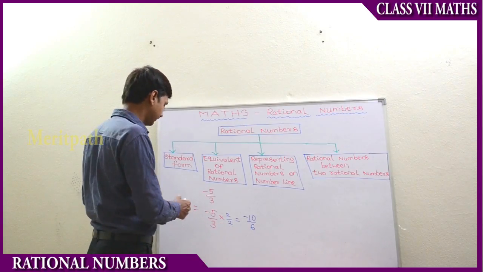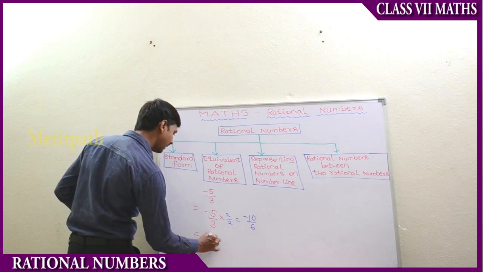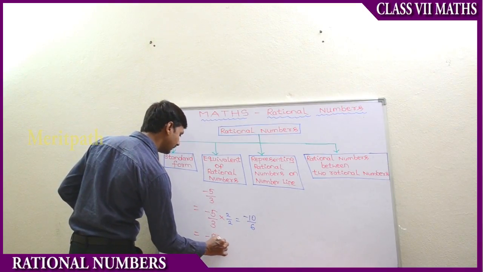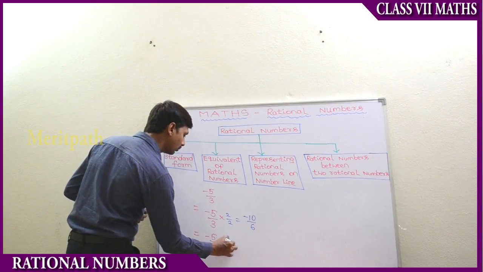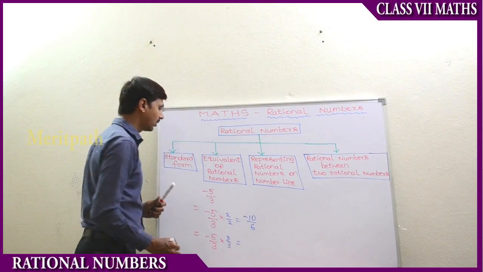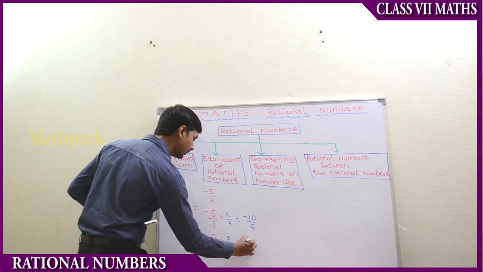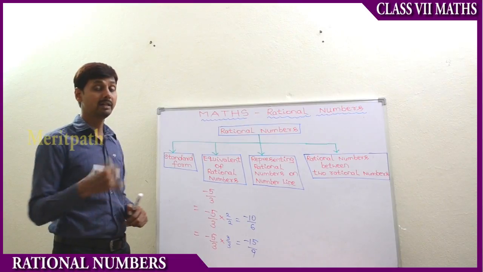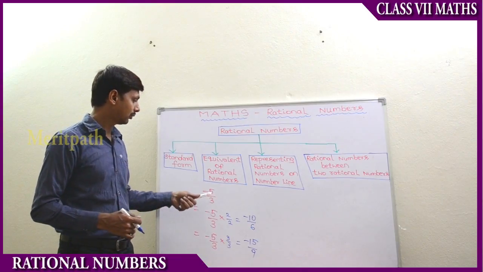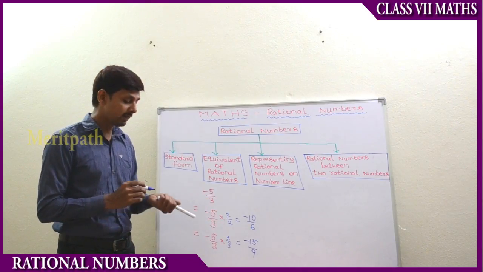Let's take some other. Minus 5 by 3 multiplied with 3, because we have taken 2, so now multiplied with 3. We'll get minus 15 divided by 9. So this is another equivalent to the same. So minus 10 by 6, minus 15 by 9.